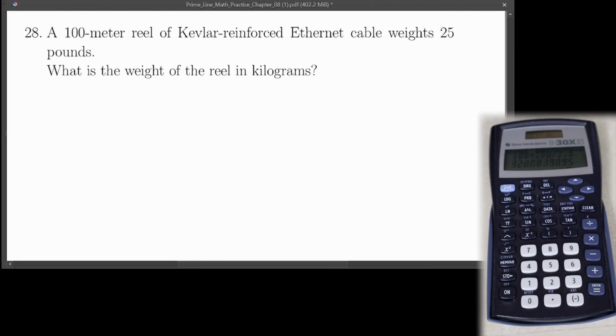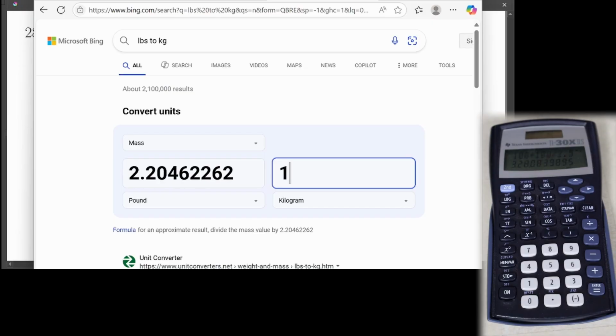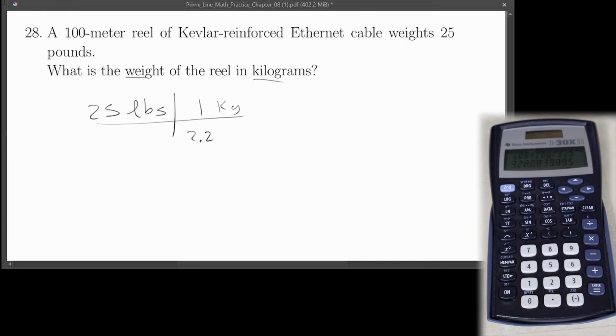Okay, lastly we want to find the weight in kilograms. So if we have 25 pounds, we know that 1 kilogram is 2.20462262 pounds.